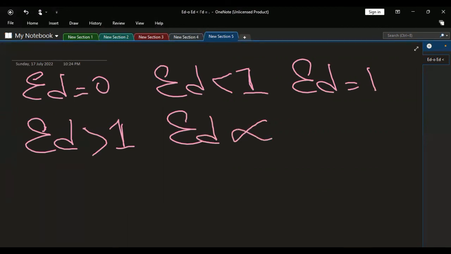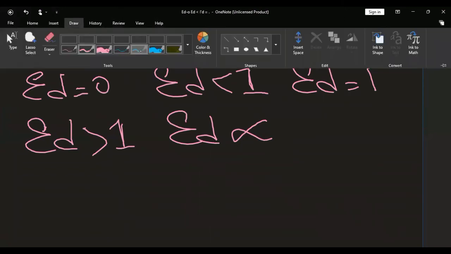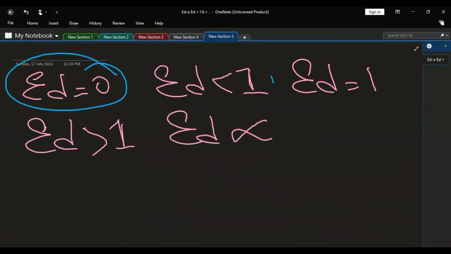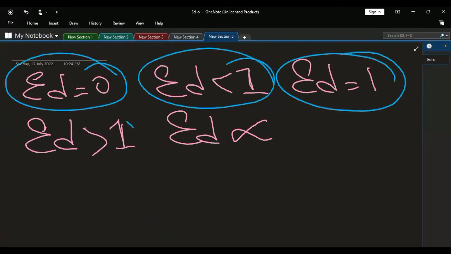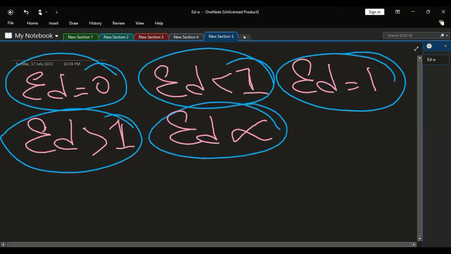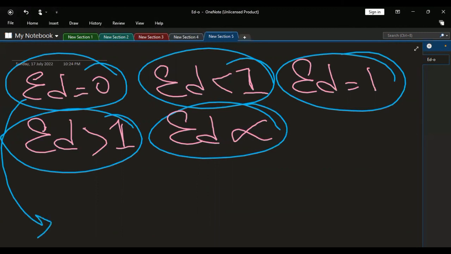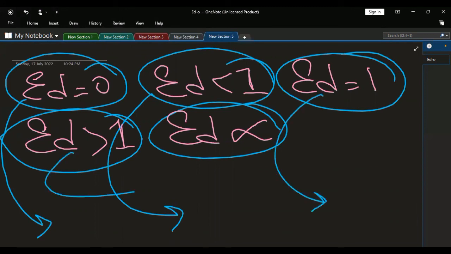So these are the different 5 types of elasticity of demand. First is perfectly inelastic. Second one was relatively inelastic. Then it is unitary elastic. Then it is relatively elastic. Then it is perfectly elastic.